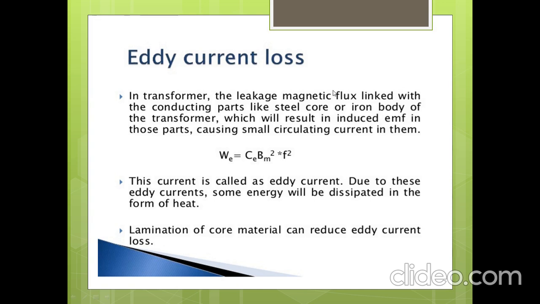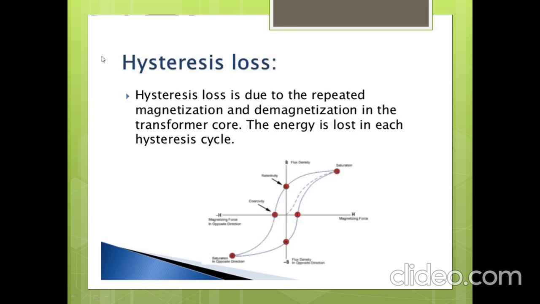Okay, so this current is also called eddy current. Due to these eddy currents, some energy will be dissipated in the form of heat. Lamination of the core material can reduce eddy current loss. Okay, so this was eddy current loss.